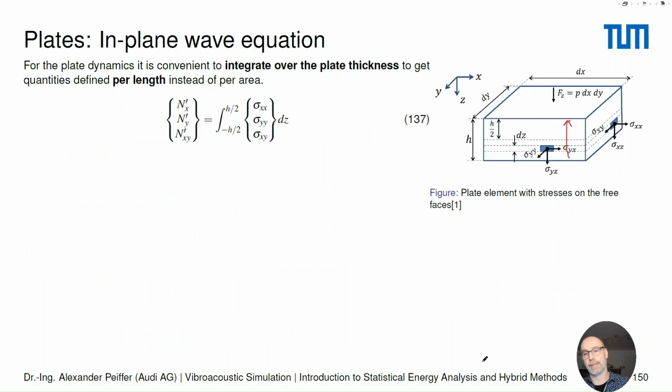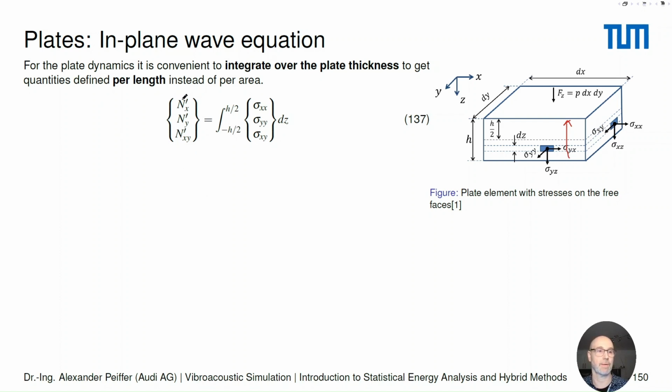Good. Now we will go step by step into the wave equations, and we start with the in-plane motion. For doing so, it's quite convenient to integrate over the plate thickness so that we have different quantities. So we switch from the stresses, which are forces per area, to quantities that are defined per length, here denoted by m.